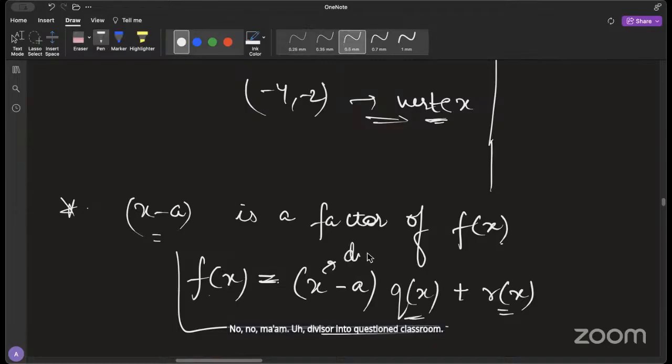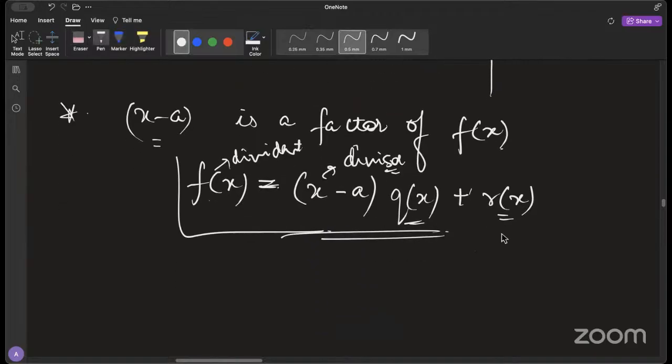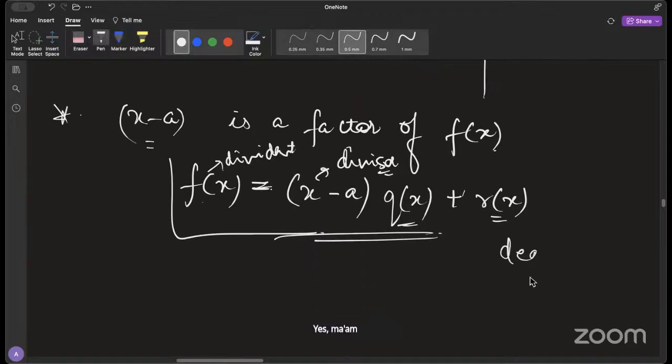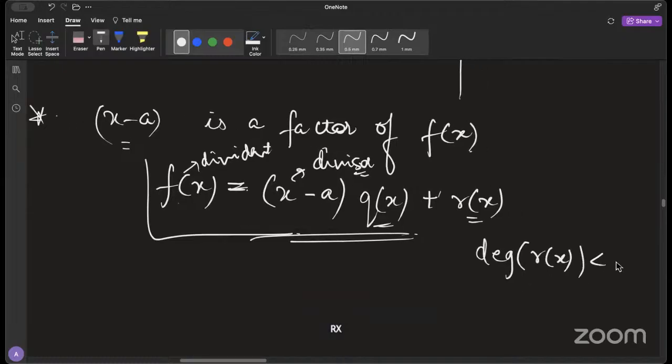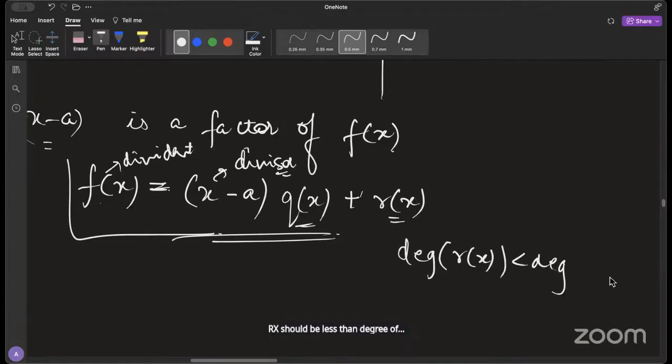This is the divisor and this is the dividend. This is it, right? And the degree of the remainder should be less than the degree of the divisor, right? Yes, ma'am. Degree of R(x) should be less than degree of x minus a.